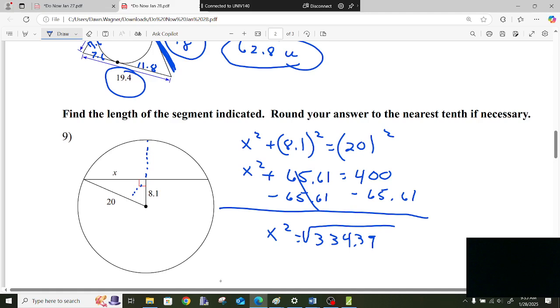So what's the square root? 18.1, which would be about a 2 then. And I don't have a unit, so I'm just going to put a U for units. Okay? Questions?